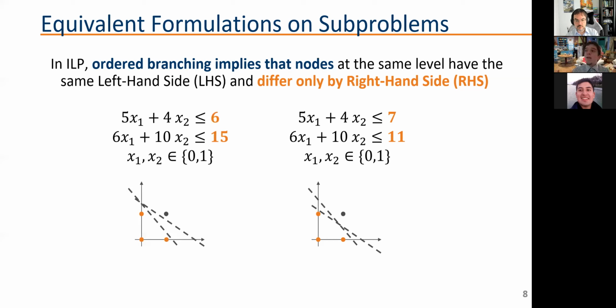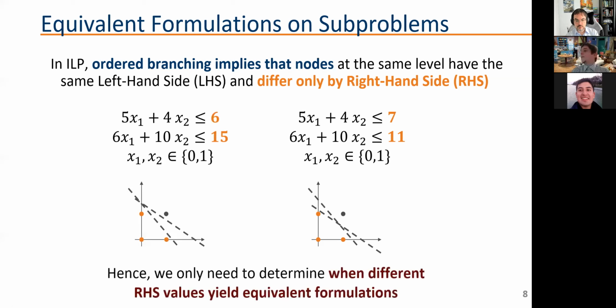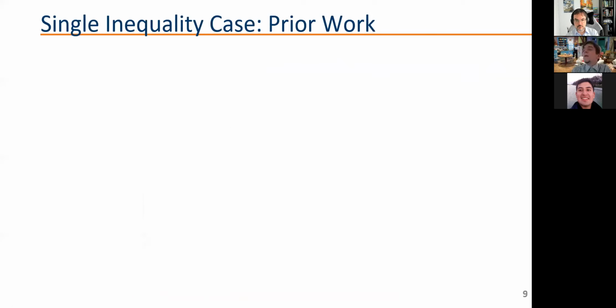So what we want to understand here is whether we can compare these two subproblems and tell that they're going to have exactly the same solutions if we know the solution for at most one of them. If the right-hand sides were the same, that's easy to do. What we're interested in is whether we can make that more general, and to what extent we can do that.